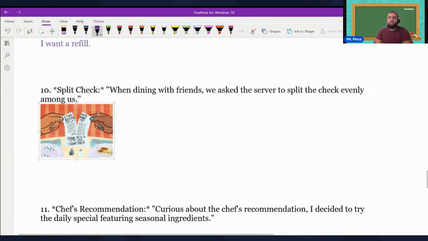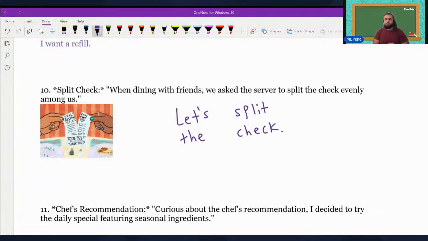So let's just say you're on a date with a lady, and the bill comes. Do you say, let's split the check? I don't know. So this is all you have to say. Let's split the check. Let's split the check. Now you say it.